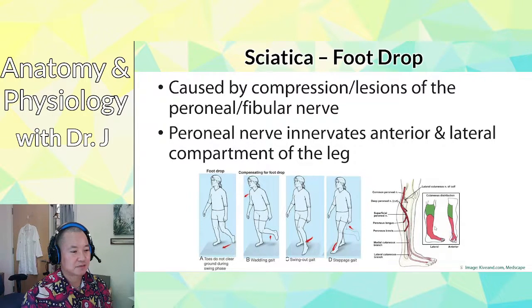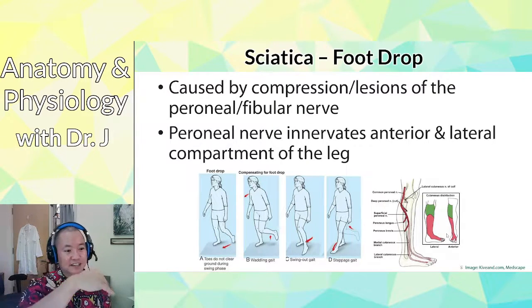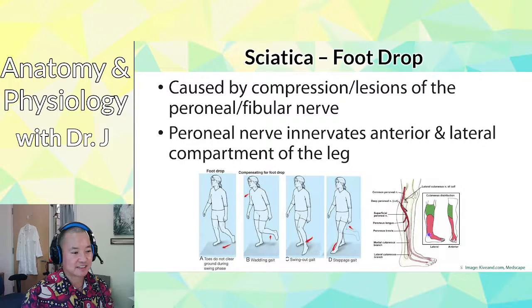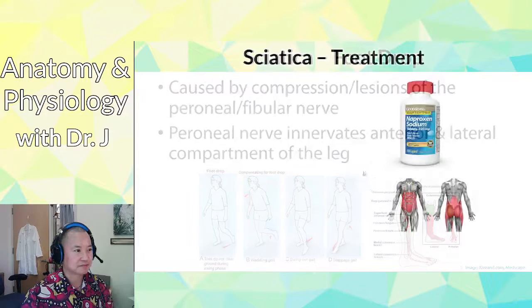That means you can't flex and bring your foot up. That's why that person's toes were dragging, because these anterior muscles are very important for that. But these lateral ones also help with the movement of the foot and keeping it up so you don't trip over your own foot every time you take a step forward.